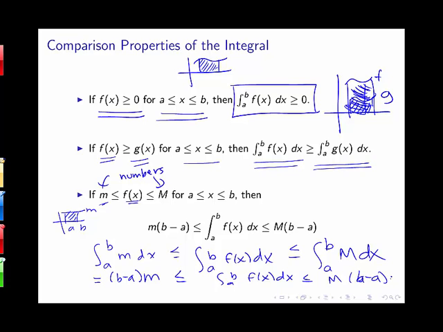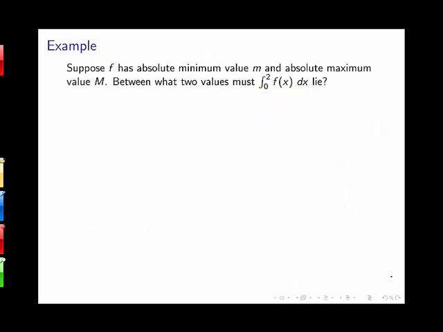Okay, so we just want to look at one example of one of these comparison properties. So in this example, we're told that f has an absolute minimum value of little m and an absolute maximum value of capital M. So what does this tell us about the bounds on the integral from 0 to 2 of f of x?